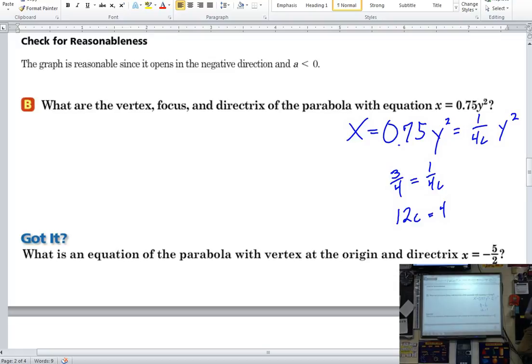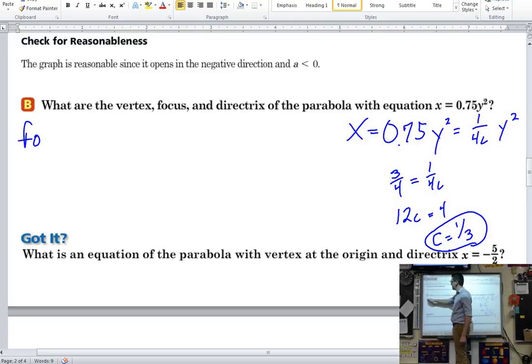Careful here. C can't be 3 because this would be 1/12. C's a third, not 3, because remember, division by a fraction actually multiplies by the reciprocal. So being that this is an x equals, my focus point then, my c comes first.